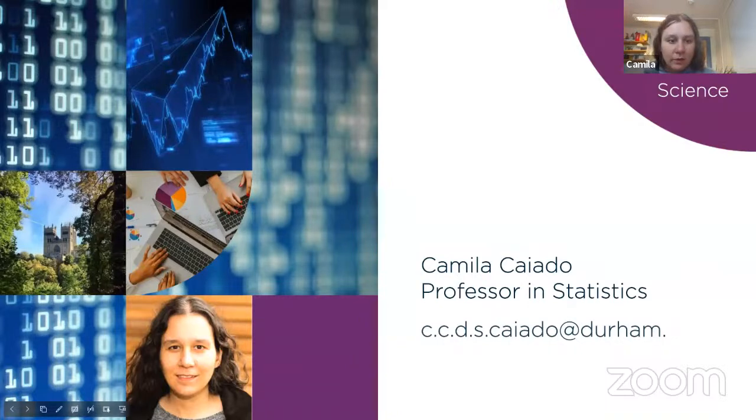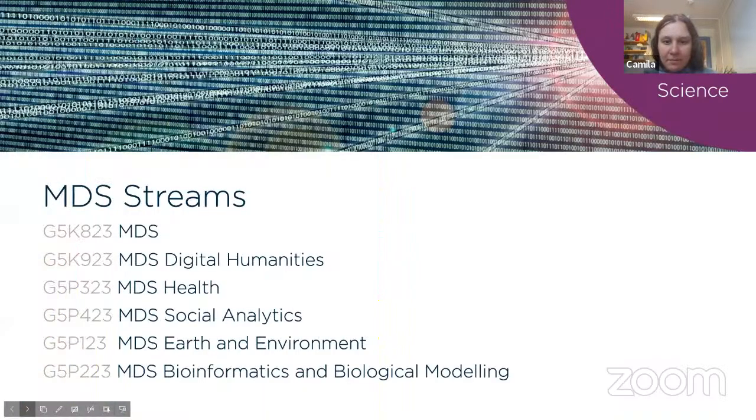So if we move to the next slide. Right, so the Master of Data Science program was designed primarily as a conversion degree initially. That means that if you don't have a data science, stats or maths background, this is potentially the degree for you if you want to be introduced to data science techniques and see them aligned to specific applications within our streams.